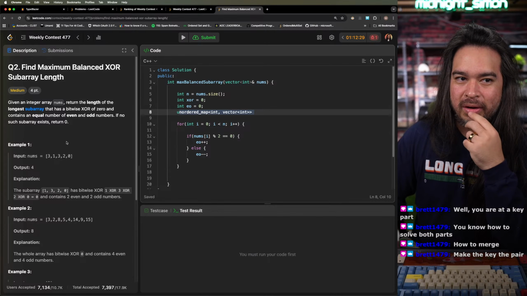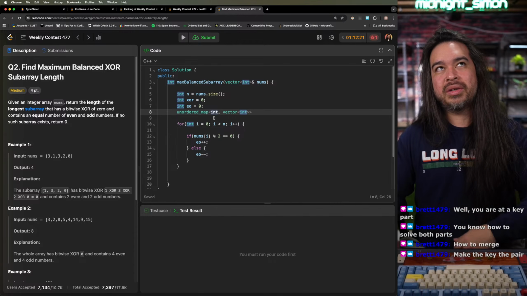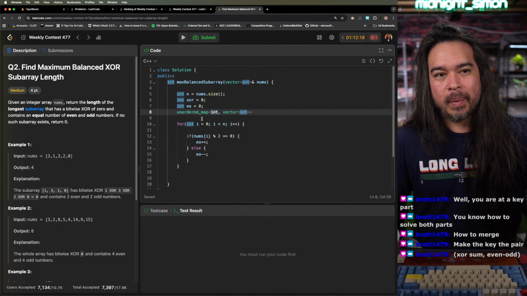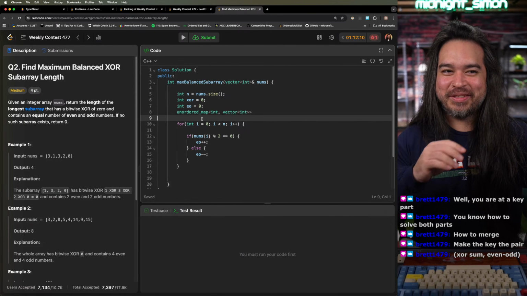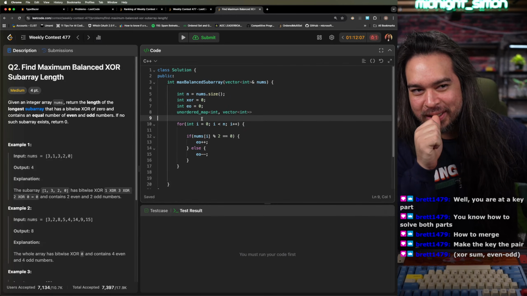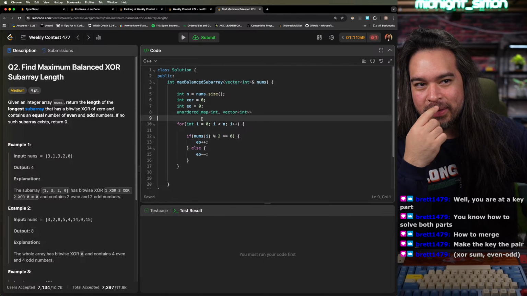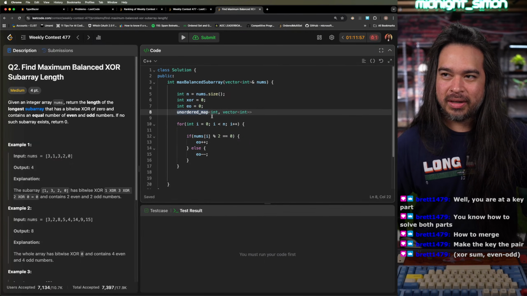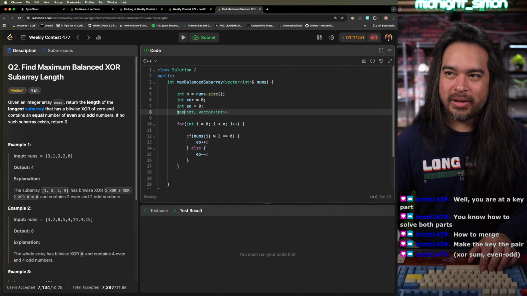Make the key a pair. Wait, what do you mean, Brett? Key pair? Like this? Make it a pair? Wait, that's crazy. I've never done that in my whole life. That's a crazy technique. Let me think about that, Brett. I see what you're saying, but if it's a pair, can I even use a map or unordered map? Do I have to use an ordered map, a regular map?